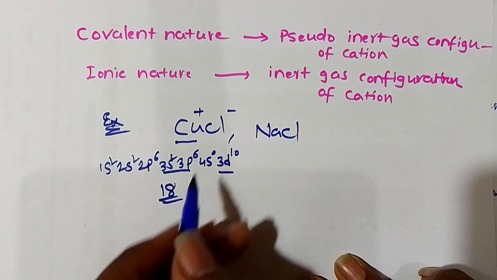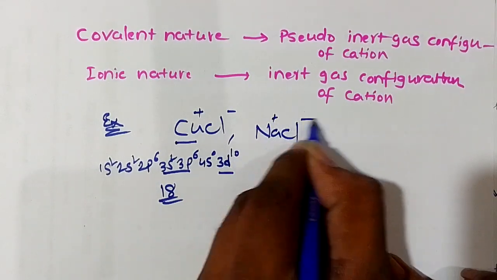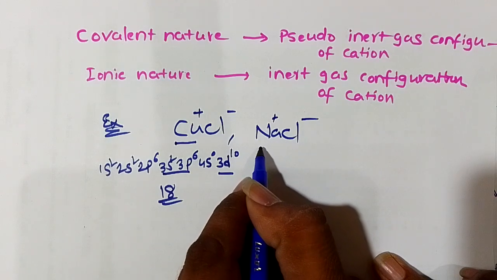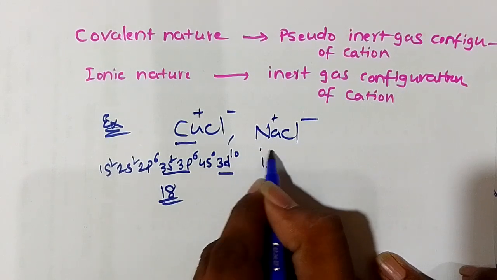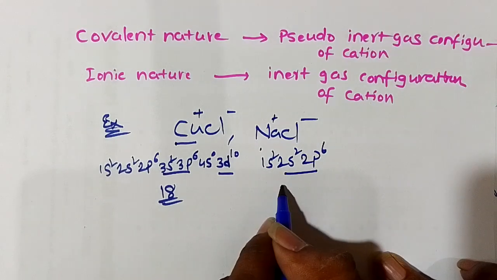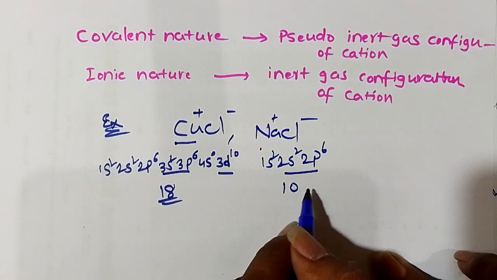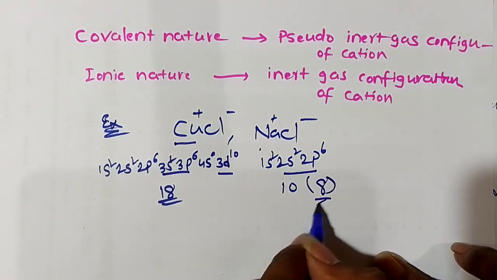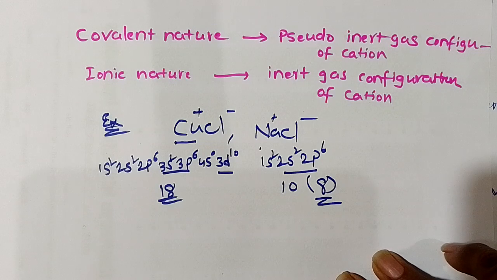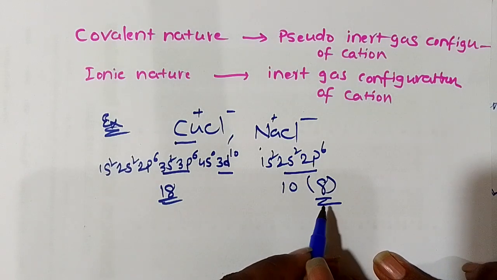It has a pseudo inert gas configuration. And Na plus: Na plus means 10 electrons, that means 1s2, 2s2, 2p6. This is inert gas configuration because the valence shell contains 8 electrons. Na plus has inert gas configuration.